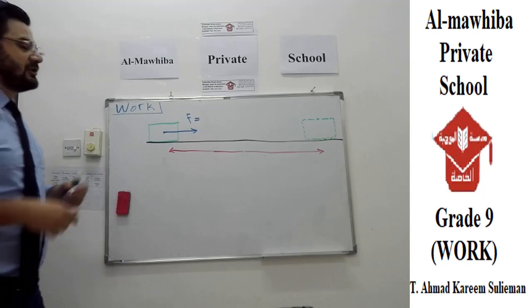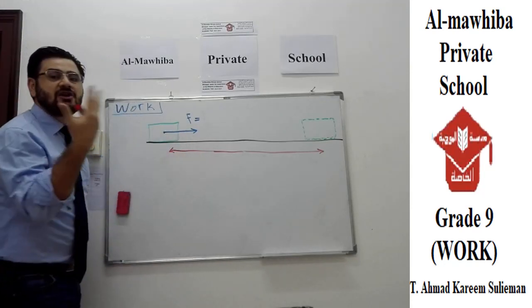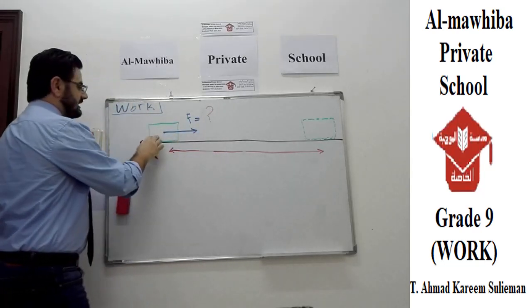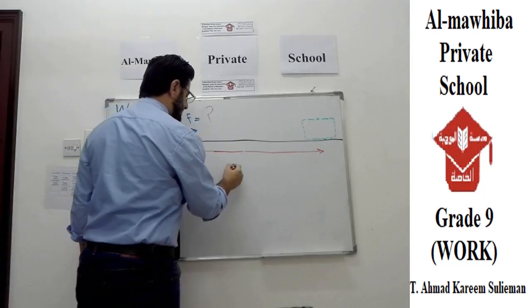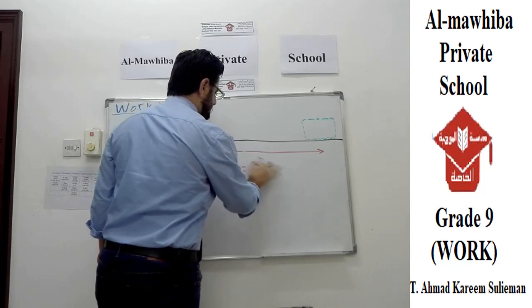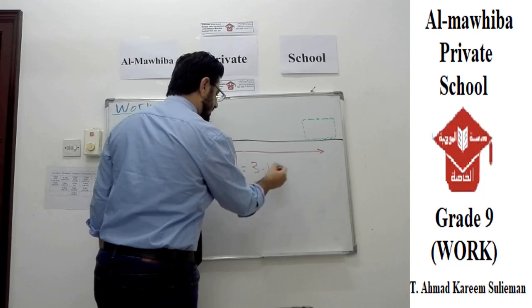The third example, or the homework: I have a force of unknown value acting on this box to move it a distance. Let me say the distance here is 3.1 meter.